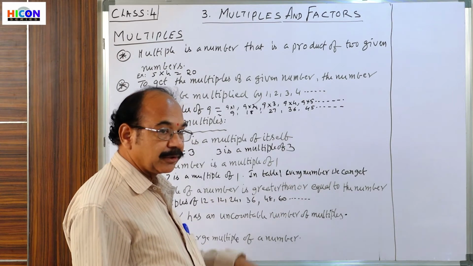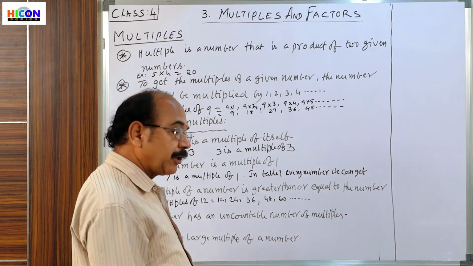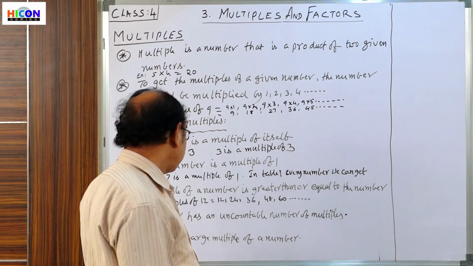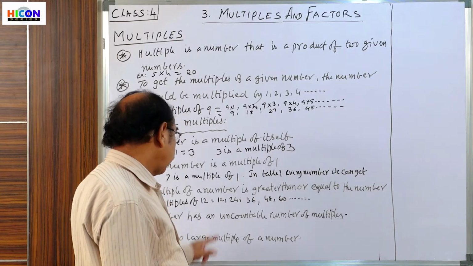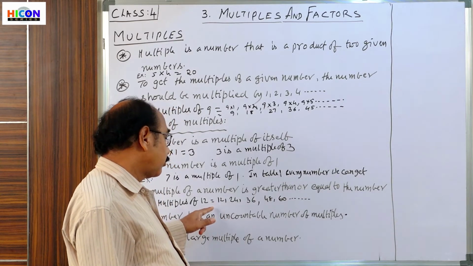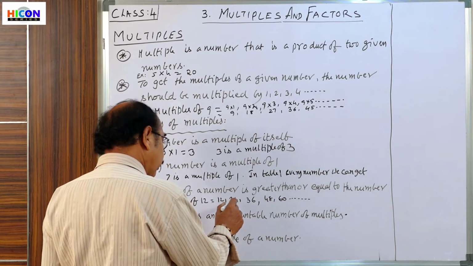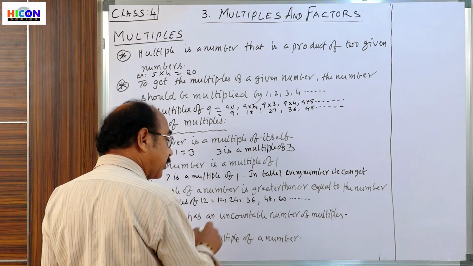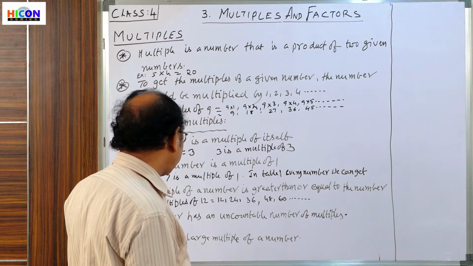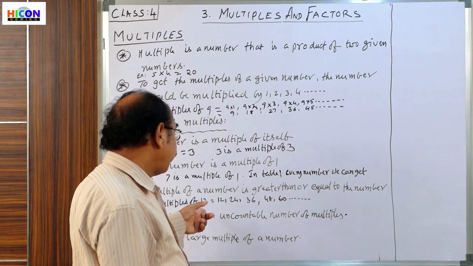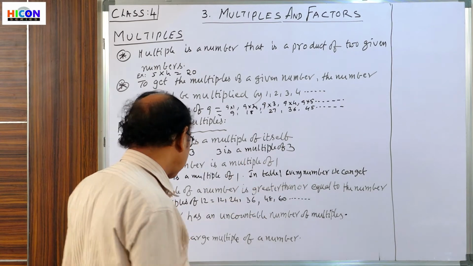That means what do we say? A multiple of a number is greater than or equal to the number. Here 12 is equal to 12. Here 24 is greater than 12, 36 is greater than 12, 48 is greater than 12. Right? That's why, what do we say from this example? A multiple of a number is greater than or equal to the number.